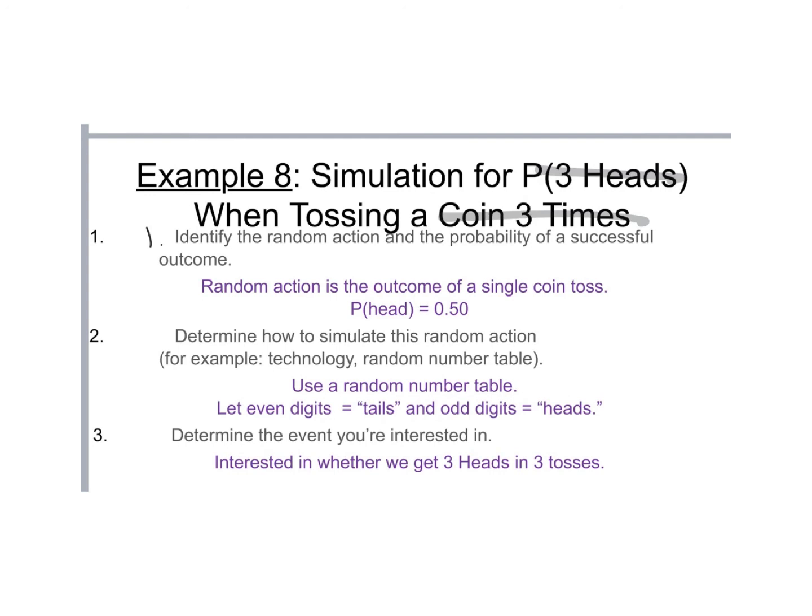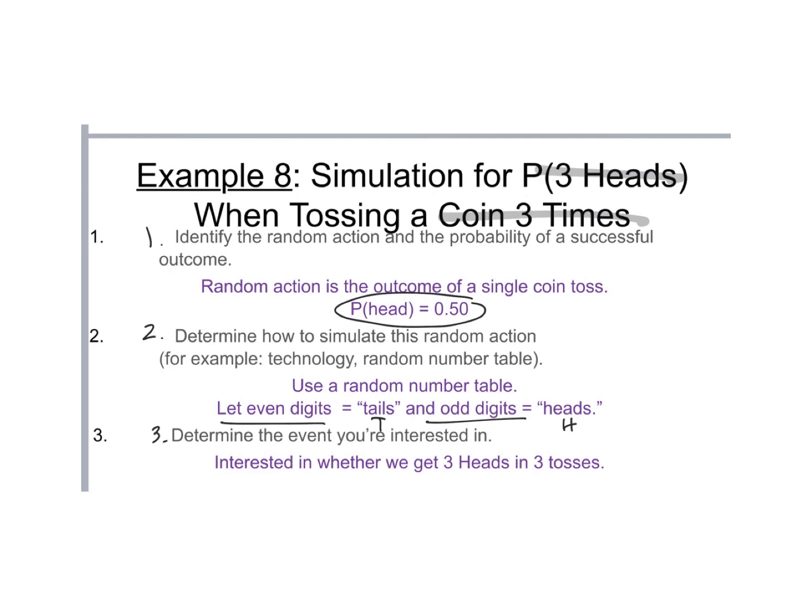The random action is the outcome of a single coin toss, right? So the probability of just getting 1 head is 0.5. Next, we're going to determine how to simulate this random action. For example, we might use technology, a computer, or we might use the random number table that we've used previously. So if we use a random number table, we say let even digits equal tails, and let odd digits equal heads.